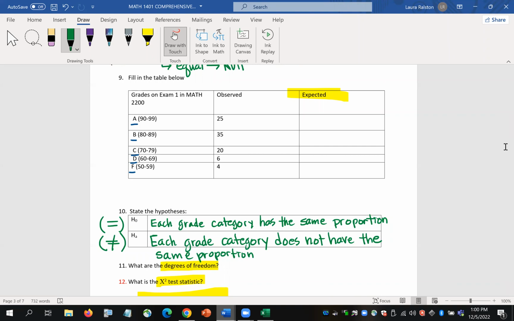Let me find a little piece of scratch paper here on my desk at home. So we have A, there are 25, B is 35, C is 20, D is 6, and F is 4.